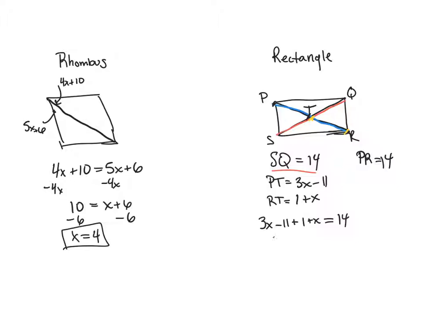So now I combine like terms, so I have 4x minus 10 equals 14. So add 10, 4x equals 24. If I divide by 4 and divide by 4, x is equal to 6. So that's the problems we're looking at for this section. So that should get you through the assignment for today.